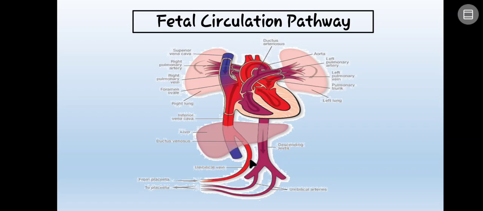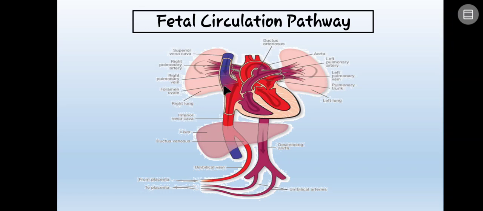Good. So the blood gets shunted, bypassing the liver, and gets to the inferior vena cava. Once it enters the inferior vena cava, it moves straight into the right atrium. Then from the right atrium, there is a bypass for the blood, instead of going to the right ventricle, to move straight into the left.